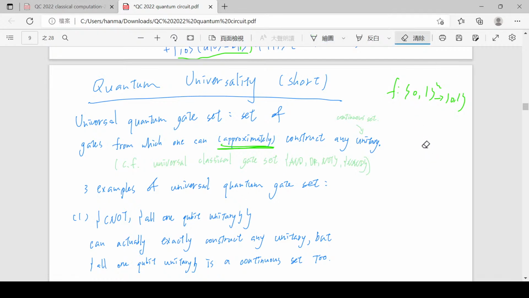So the set of unitaries is continuous, but the set of quantum circuits is something discrete, is something countable, right? Because you can basically count your circuit as positions and what gate you put in.